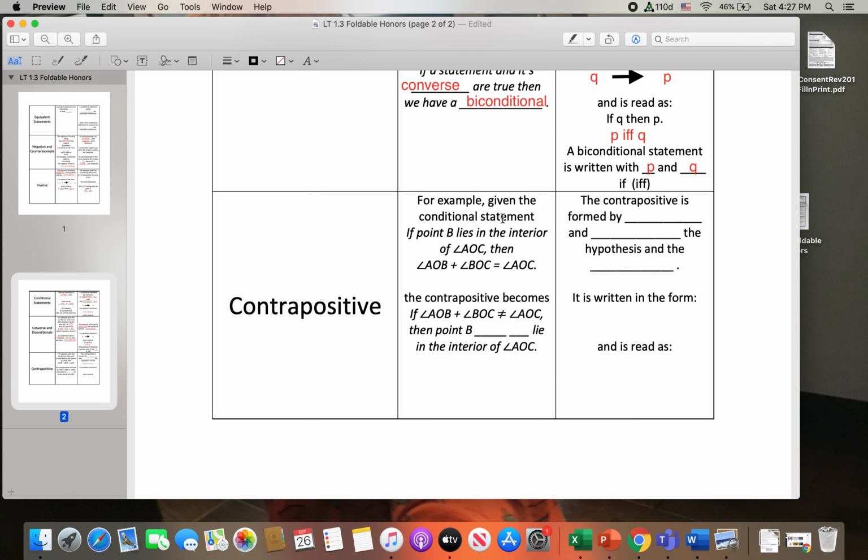Here's an example of a conditional statement. If point B lies in the interior of angle AOC, then angle addition, part plus part equals whole.